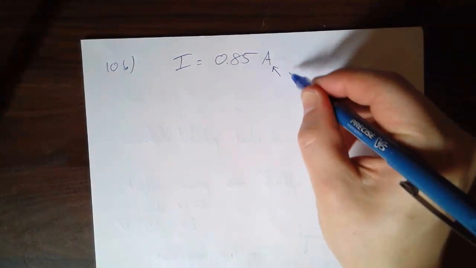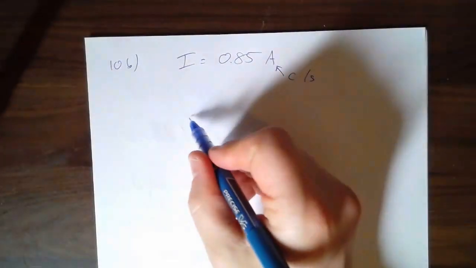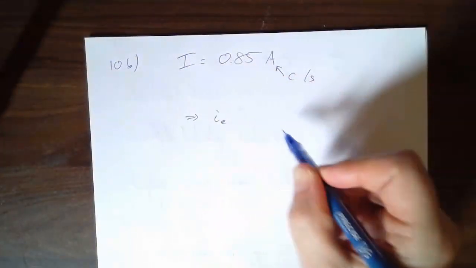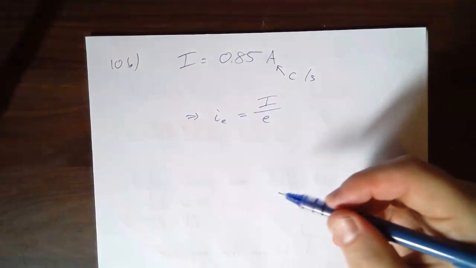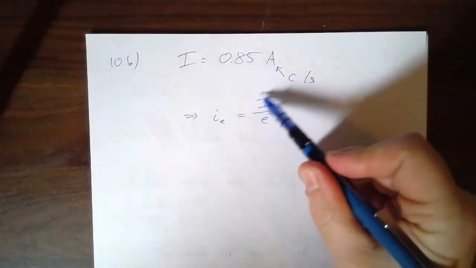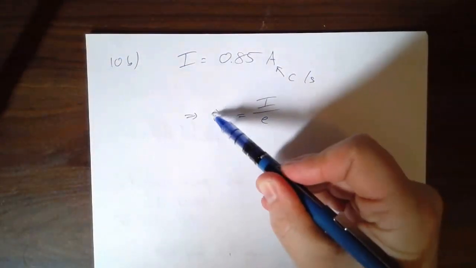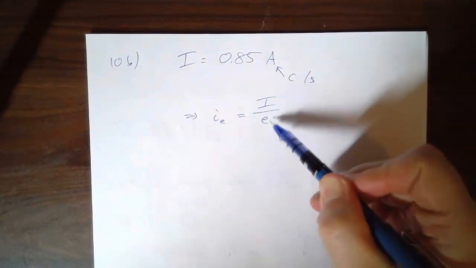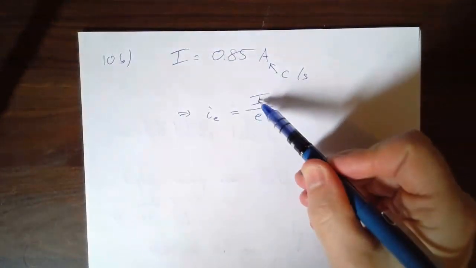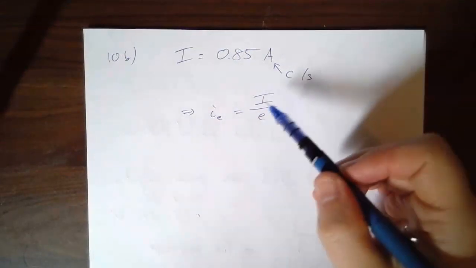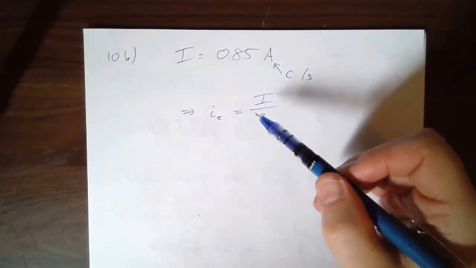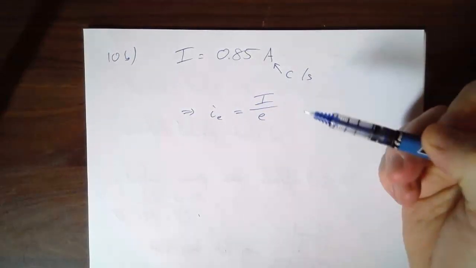An amp is a coulomb per second. So I'm going to get the electron current, the number of electrons per second, by dividing the current by the electron charge. Because the current itself, charge per second, is number of electrons per second times electron charge. So if I go the other way, I just divide I by the electron charge to get the electron current. Super easy here. Not very much to do, just to understand the concepts.